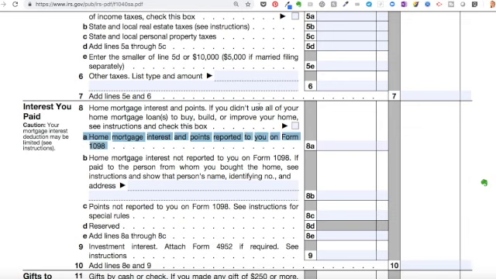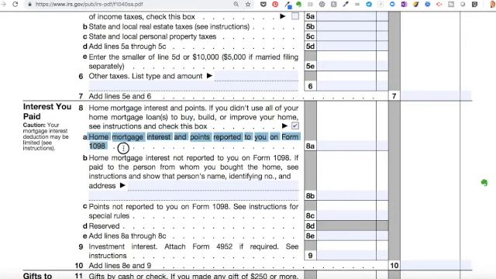Now they're saying if you didn't use all of the mortgage loan for that purpose, check here, because then you must allocate your interest and points based on the portion that you did use for that purpose and remove the portion that you did not use for that purpose. You can only deduct interest and points for a loan that you use to buy, build, or improve your home.